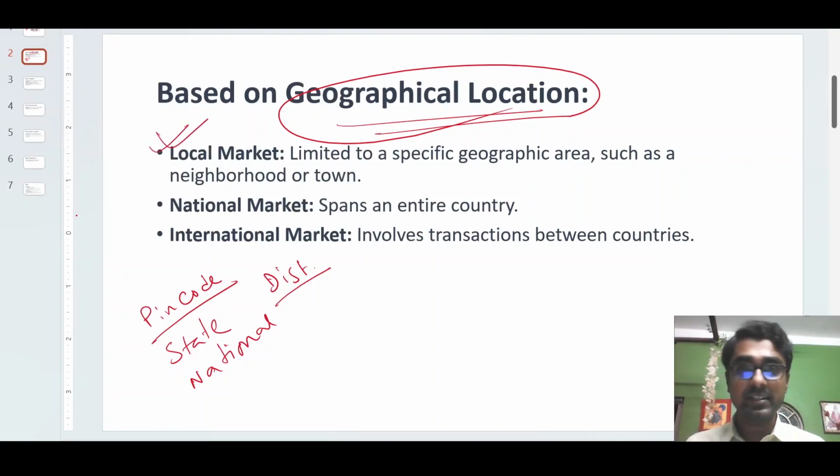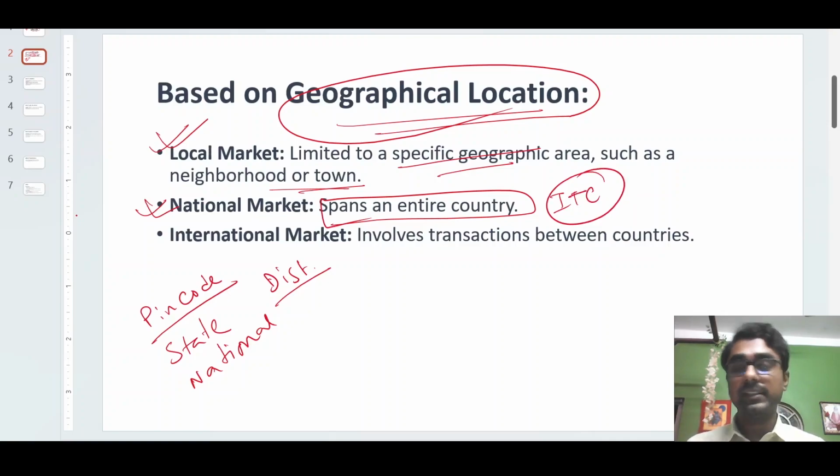So a local market is limited to a specific geographical area, such as the neighborhood or the town, like the raw vegetable market or fish market. Those are called local markets. Next is the national market. A national market spans an entire country. For example, the market for the ITC company.